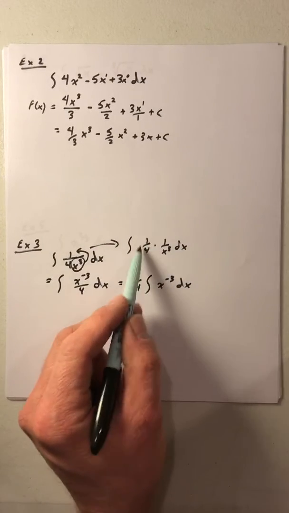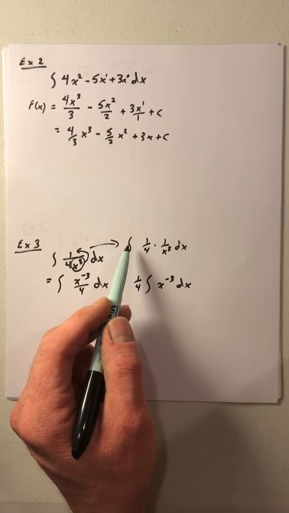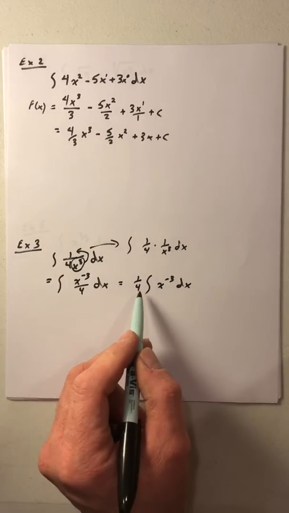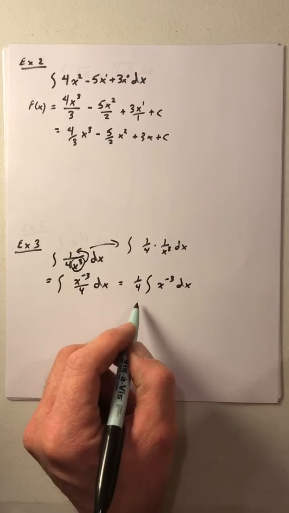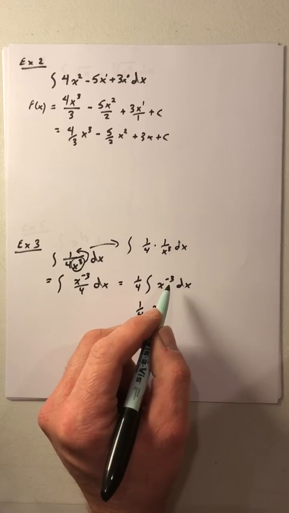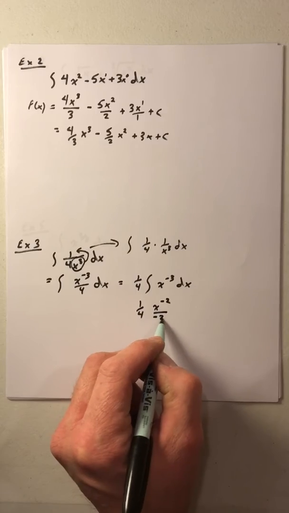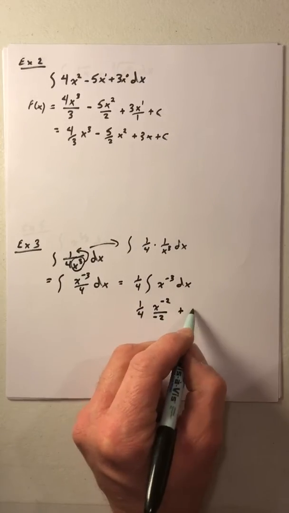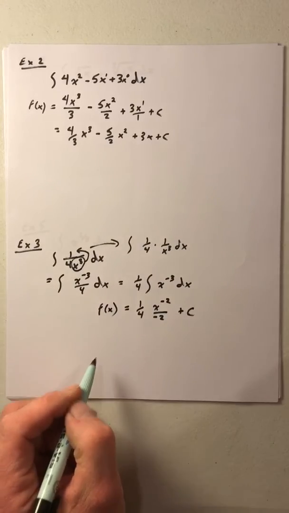And we're going to see that that coefficient can come to the outside of our integration symbol. Now if I look at the integration, I'm going to increase the exponent by 1. If I increase x to the negative third, or negative 3, by 1, I get x to the negative second over negative 2 plus c. And that's going to be my original function.